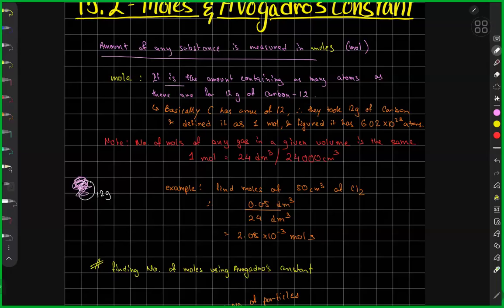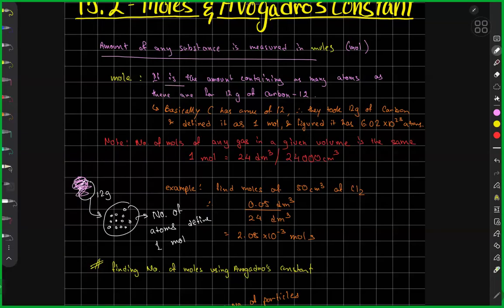So I scoop out 12 gram of carbon, and however many atoms there are in this 12 gram of carbon, that number of atoms defines 1 mole. So when I scoop out 12 gram of carbon, however many atoms there are in a 12 gram sample, that is the definition of 1 mole.